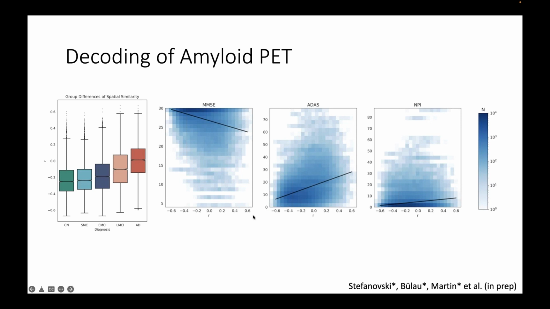So this just showed that the symptom maps really showed what they should show based on empirical data.